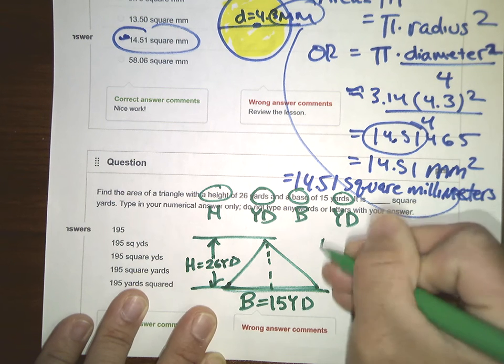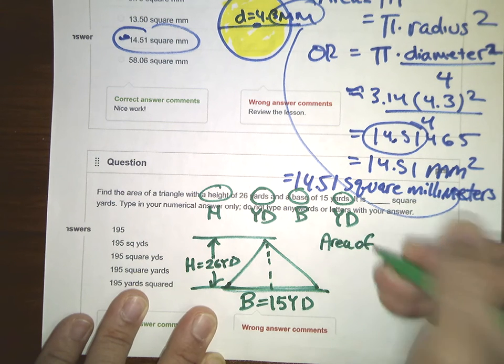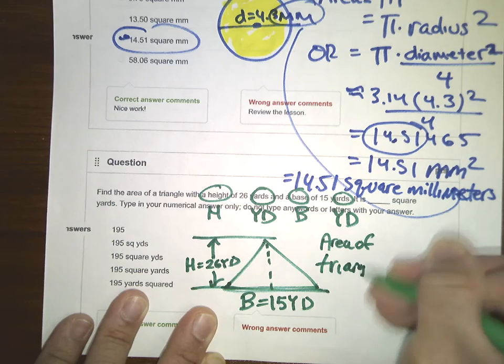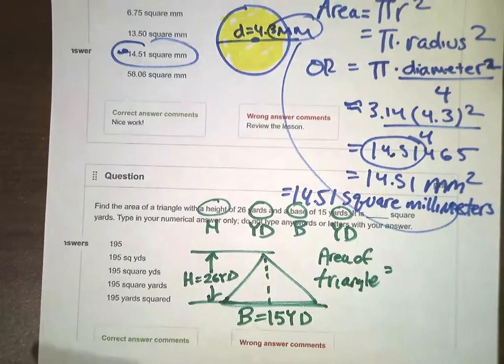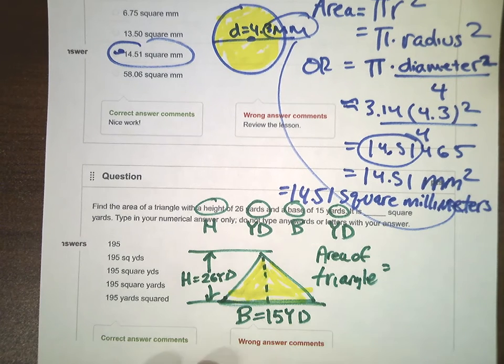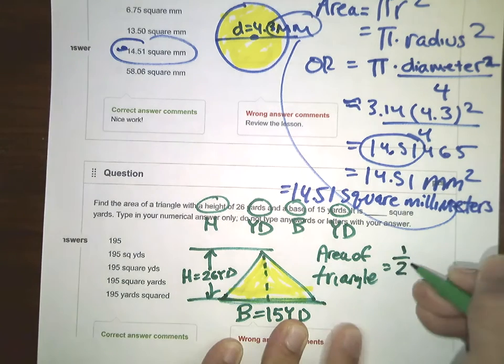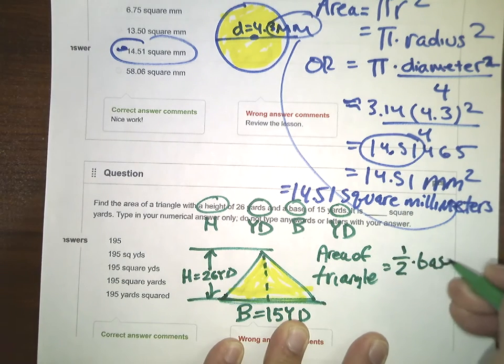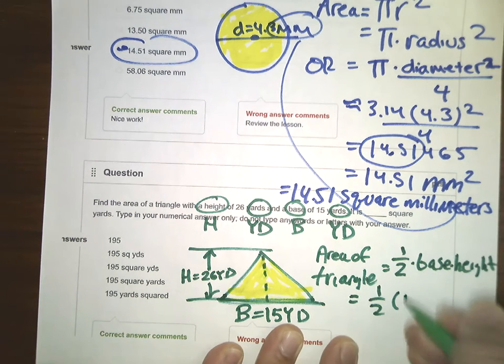So the formula for the area of a triangle, again, area is the amount of space inside of a figure or an object. So how much space is inside of that triangle? This will be 1/2 times the length of the base times the length of the height. So we have 1/2 times 15 times 26.